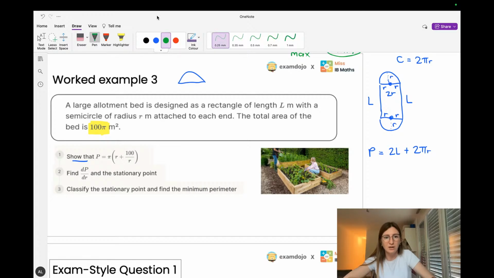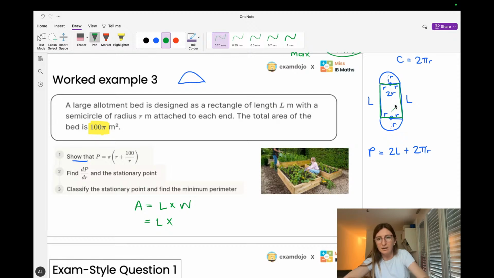So let me just change colors here. The total area of the rectangular bed, they say, is 100 pi meters squared. So the area of a rectangle is length times width. So in this situation, I have length, my L, and my width is 2R. So we're just doing the rectangle right now.